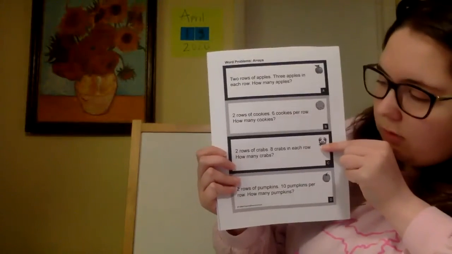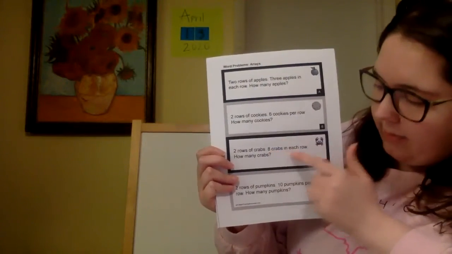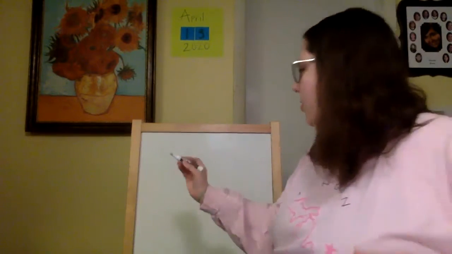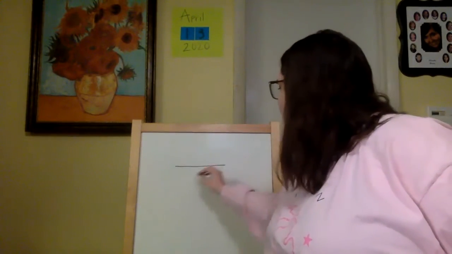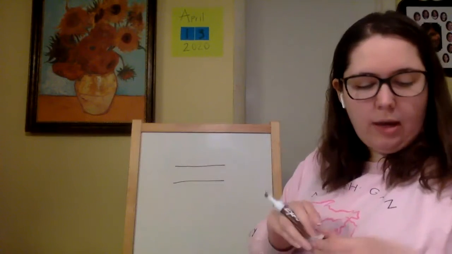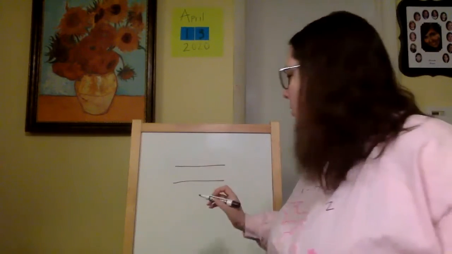All right, so now I'm on C. It says 2 rows of crabs, 8 crabs in each row. How many crabs? So, like the last 2, I know there are 2 rows. So here's the 2, and I draw the lines to remind myself. And then it says 8 crabs in each row.